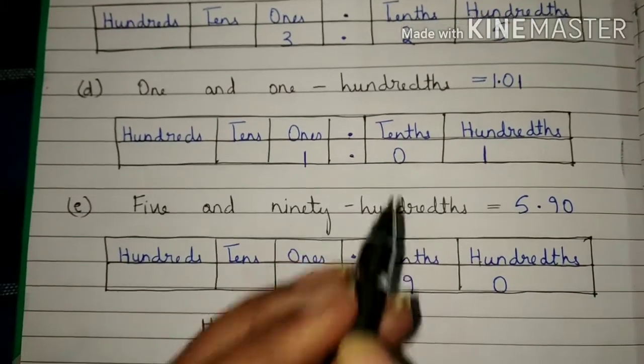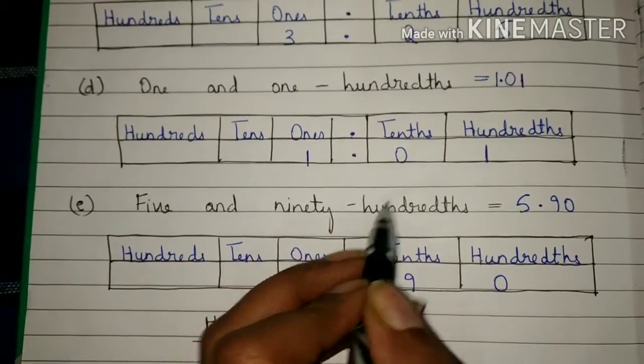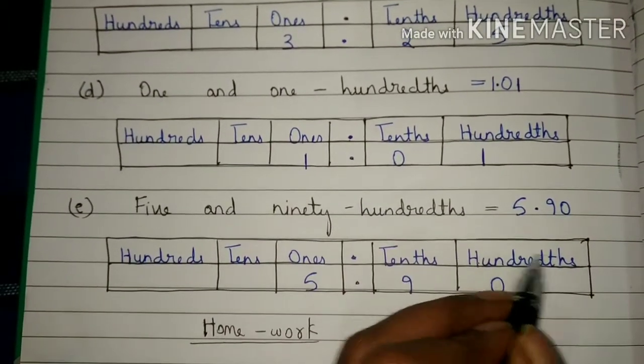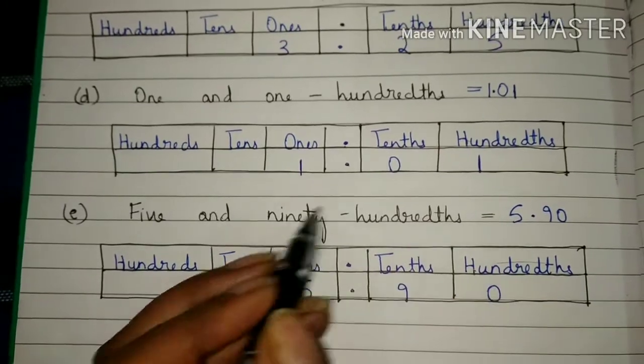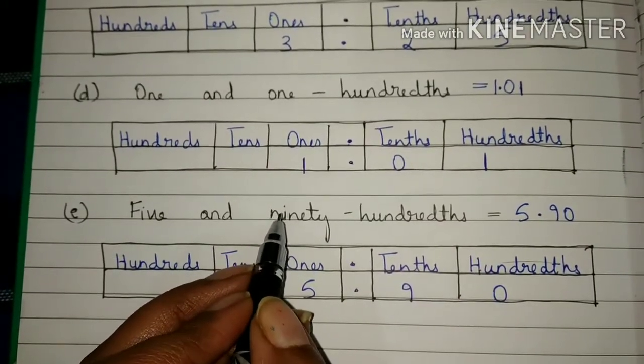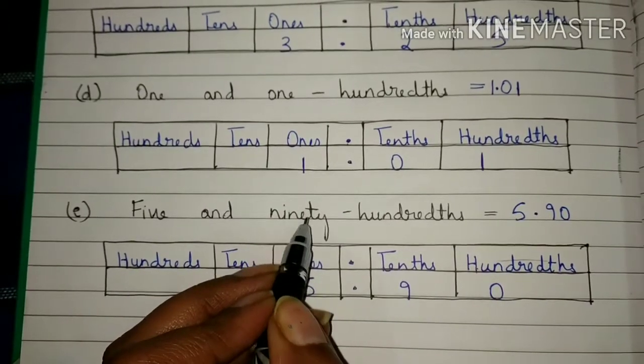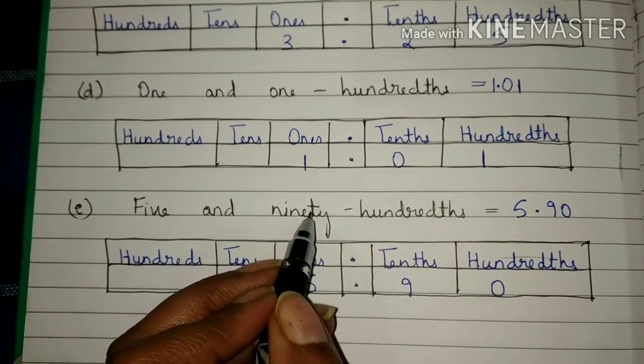As you know that hundredth place will come after the decimal point.